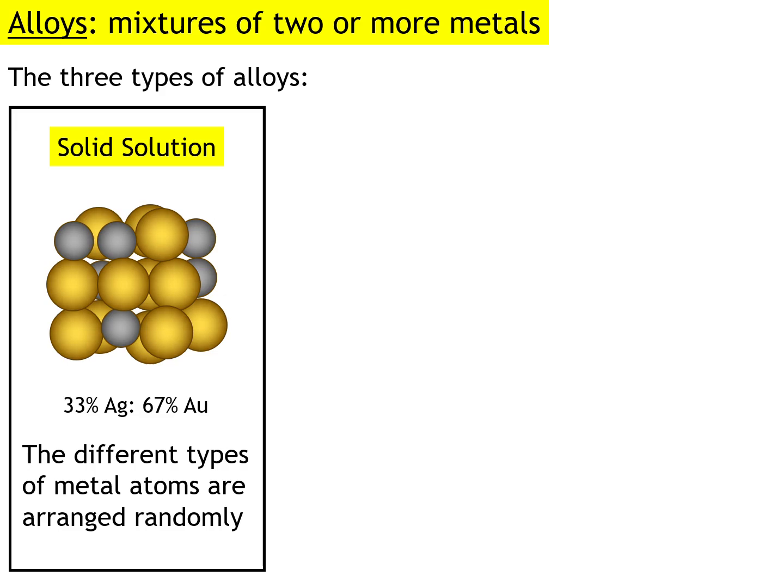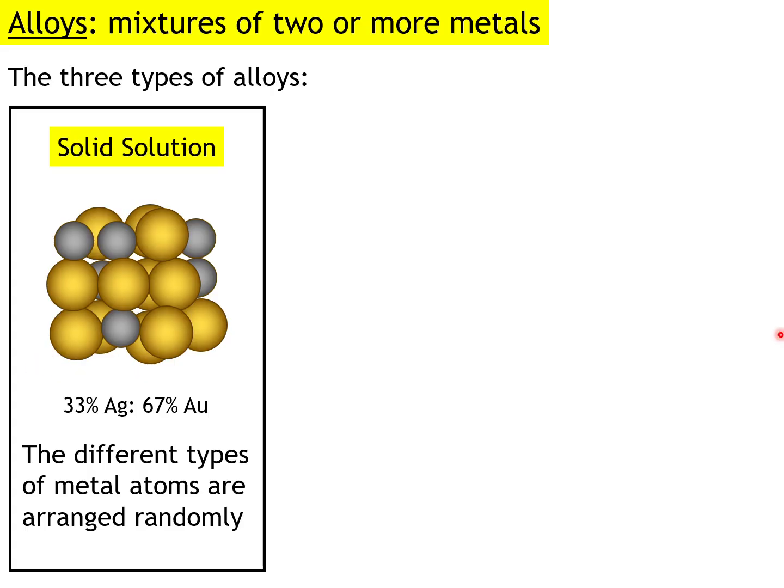In a solid solution, the placement of the different metal atoms that are mixed together is completely random. So in the case of this first one, which is 1/3 silver, 2/3 gold, if you just pick an atom at random, 33% of the time it's going to be silver, and the remaining time it's going to be gold.